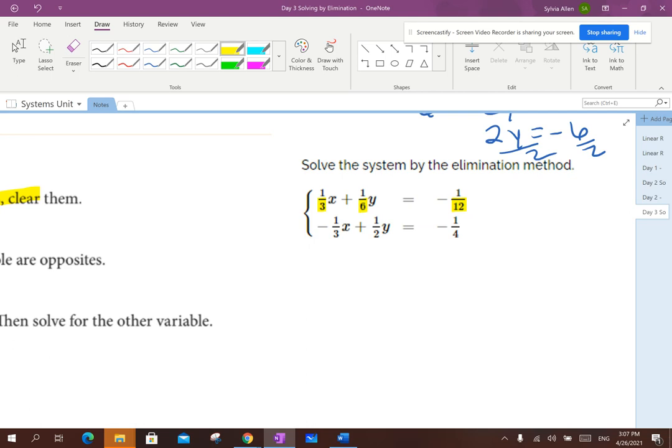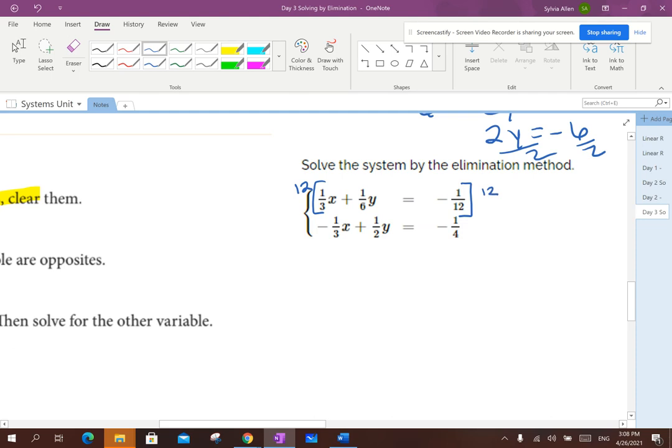So 3 has to go into the number, 6 has to go into it, and 12 has to go into it. Start with the biggest number and see if 3 will go into that. Well, 3 will go into 12 and 6 will go into 12. So that helps me out a lot. That tells me I am going to multiply both sides by 12.